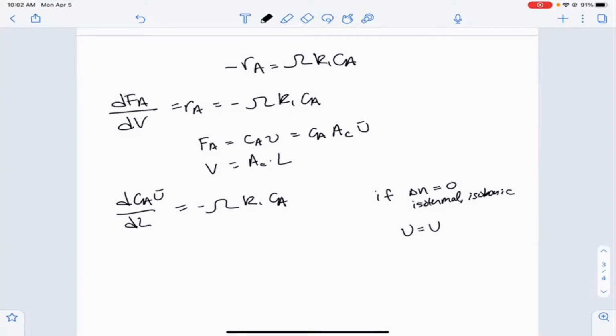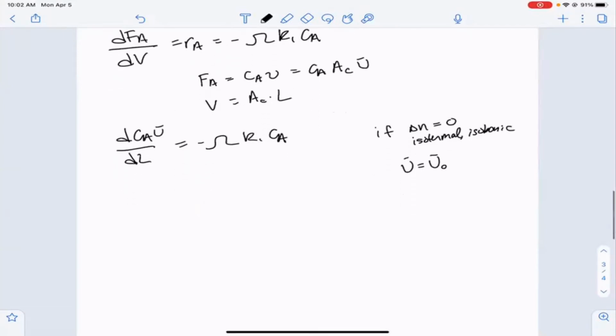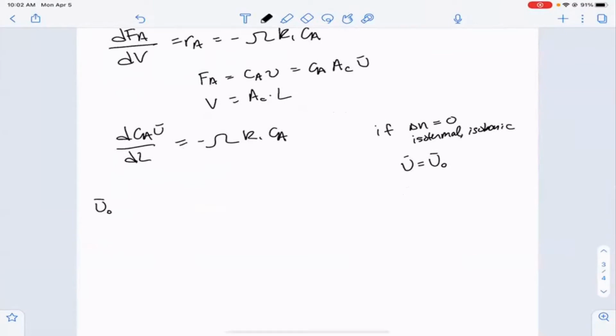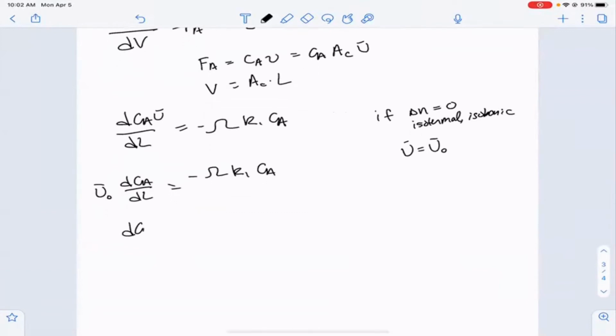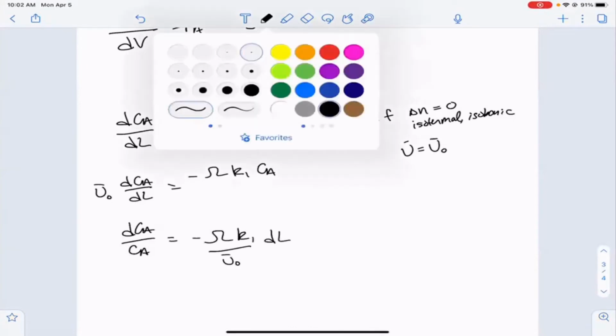We're just going to say that the velocity is equal to the initial velocity. Then this equation becomes the initial velocity times dCA dL equals minus the overall effectiveness factor times K1 times CA. Rearranging to integrate, dCA over CA equals minus the overall effectiveness factor times K1 over the initial velocity, dL.